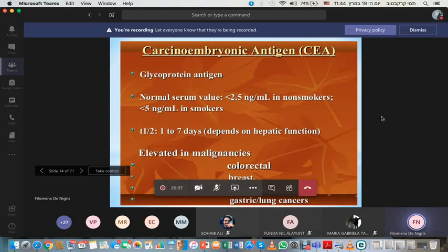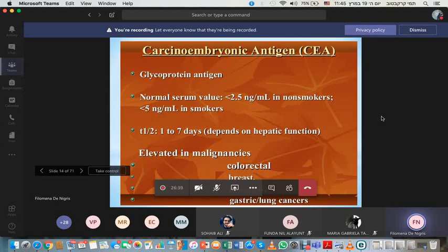So when we want to assess, we have to ask the patient if he's a smoker or not. On the basis of this information, we can analyze the data from the laboratory, because if it is a little bit higher, we have to ask if the patient is a smoker or not.